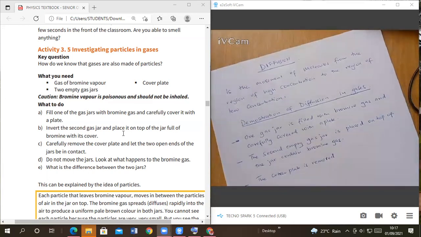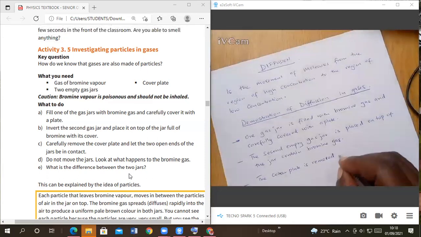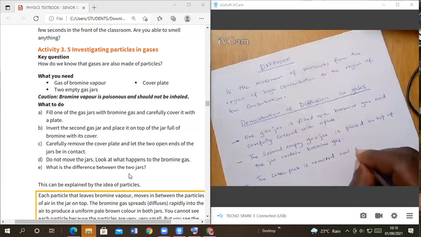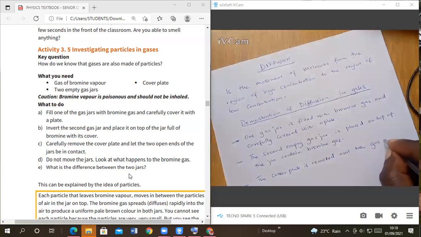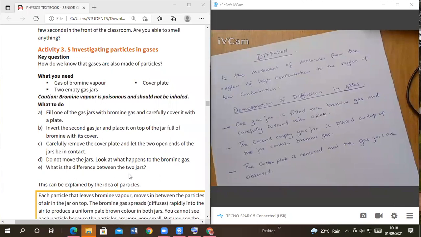Full stop. And lastly, they are saying do not move the jars. Look at what happens to the bromine gas. So we can say the cover plate is removed and the gas jars are observed.